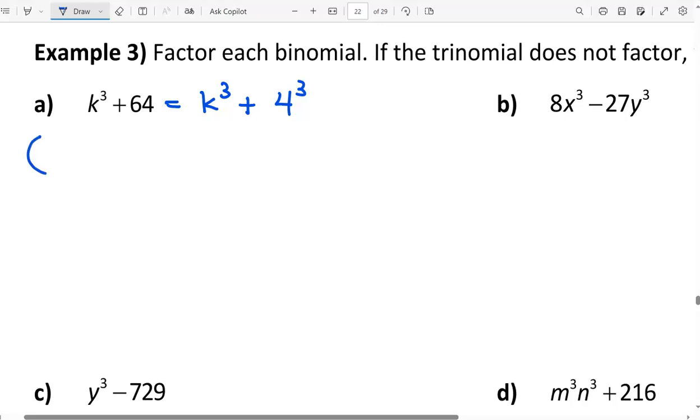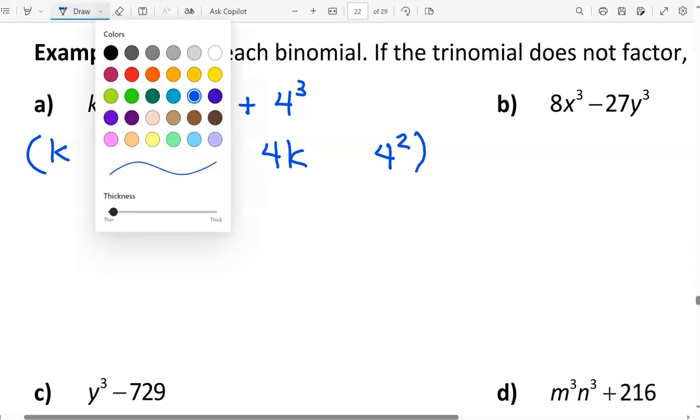So as I construct my first factor, I'm just going to uncube those numbers, and then for the second factor, square the first, squoosh the 2 together. That means 4 times k. When we squoosh in math, that means that we're not writing the operation symbol for multiplication. And then I'm going to square the second factor, 4 squared.